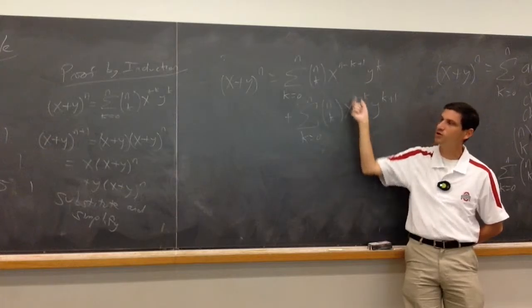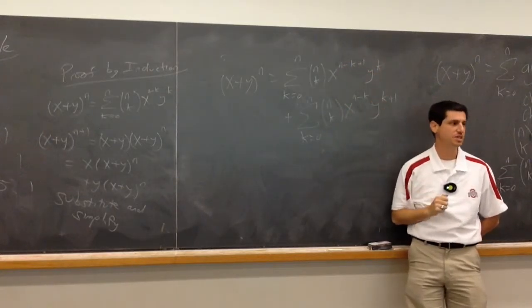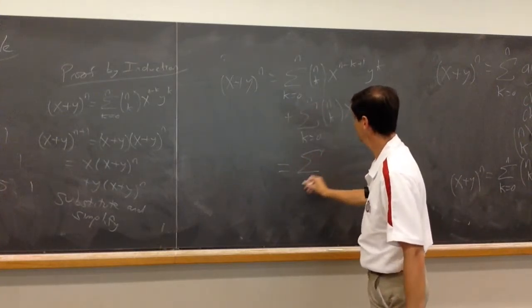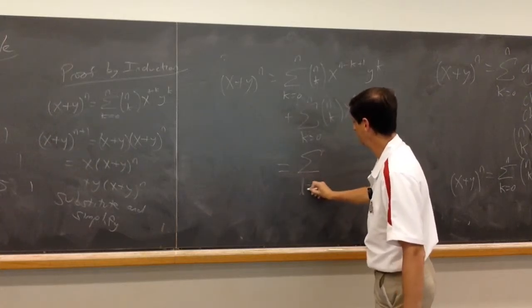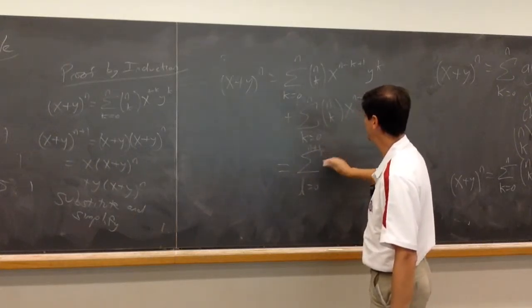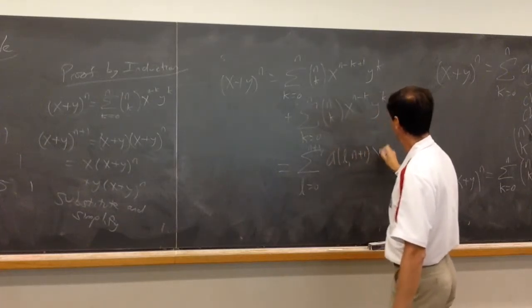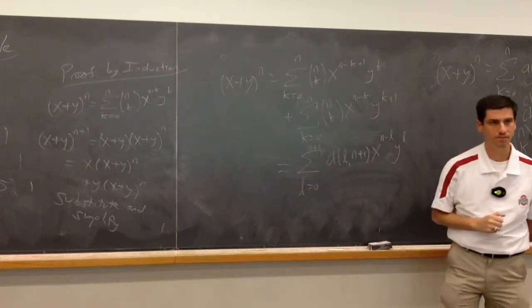And now we want to somehow combine them, and notice that the sum of the powers is n plus 1. So this must equal a sum, I'll use a different letter, l goes from 0 to n plus 1 of a_l, x^(n+1-l), y^l.